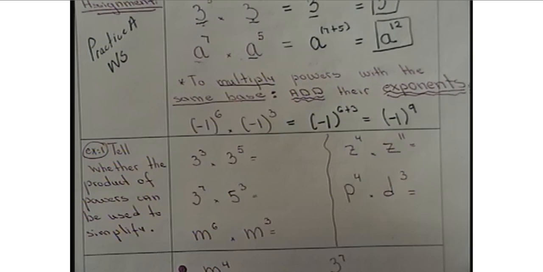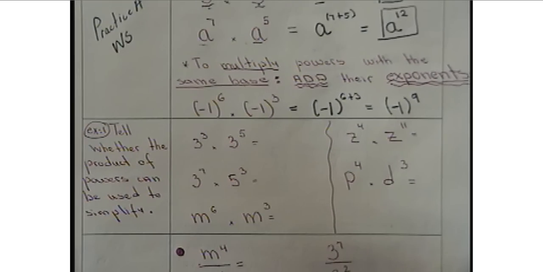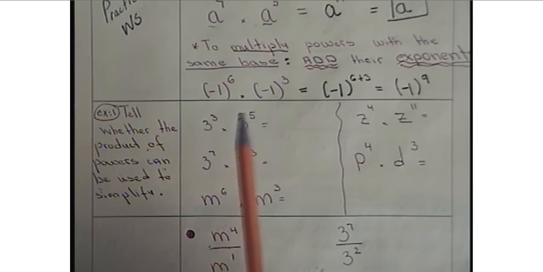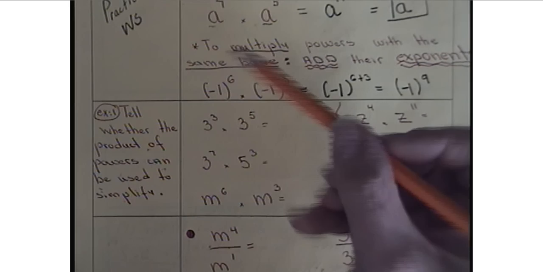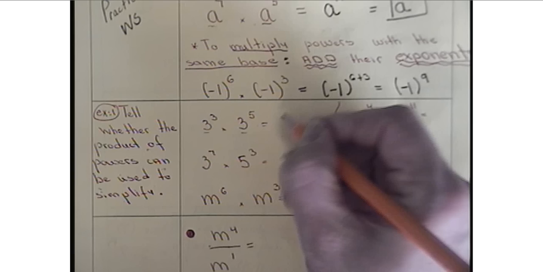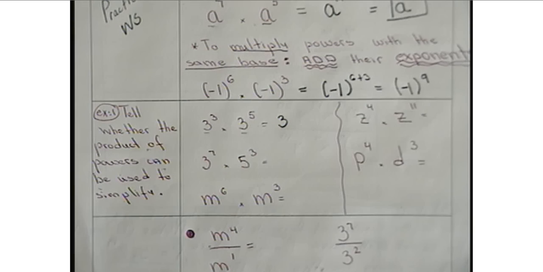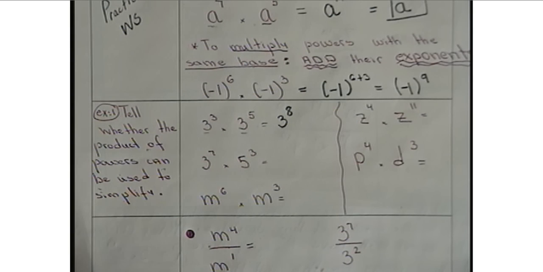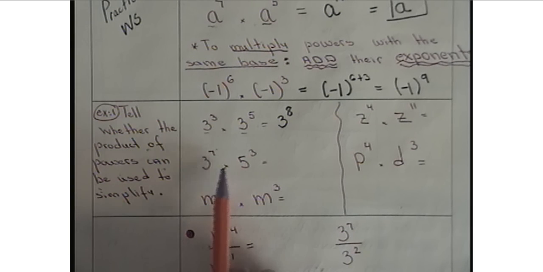In the first example, we're asked to tell whether the product of powers can be used to simplify. Well, let's check. We have 3 to the 3rd times 3 to the 5th. First check is that we have the same base, which is great. That means we can add their exponents, 3 plus 5, and this will give us 3 to the 8th. Second example is 3 to the 7th times 5 to the 3rd.